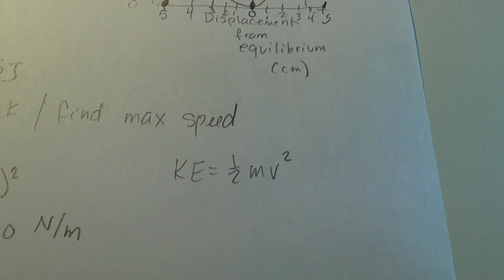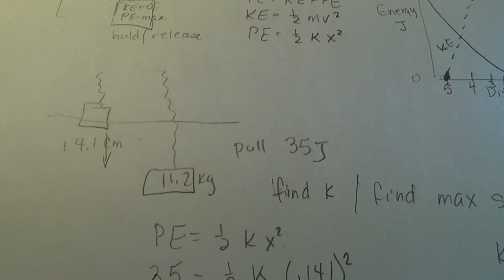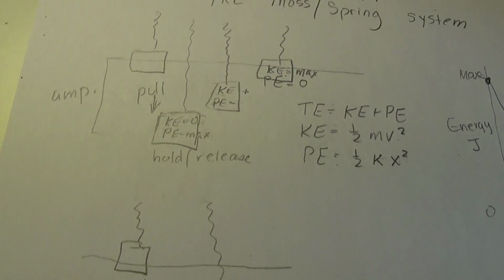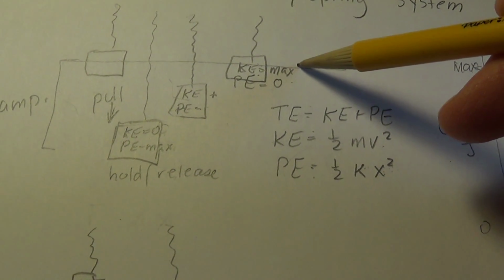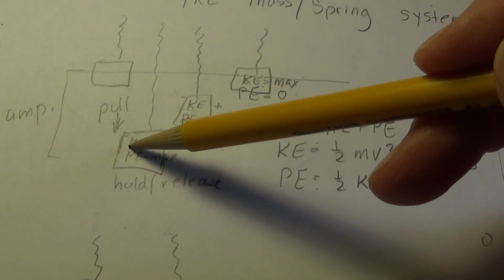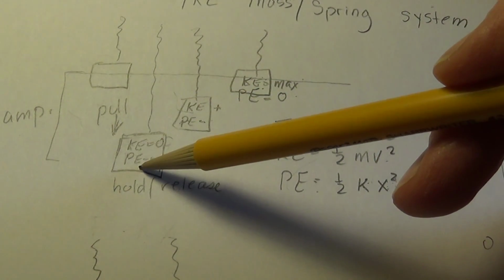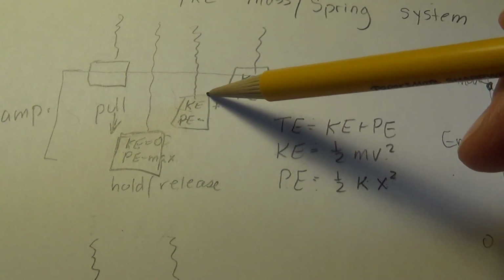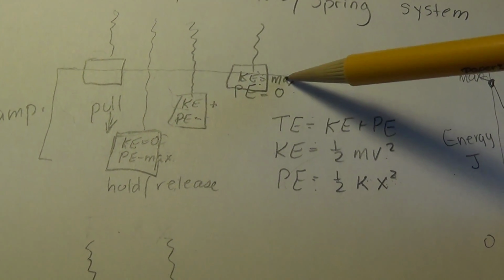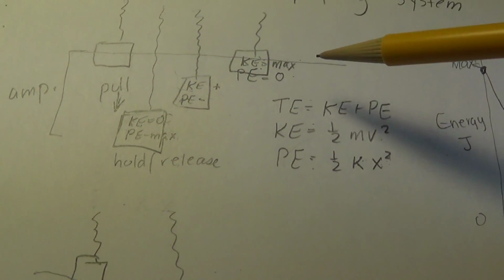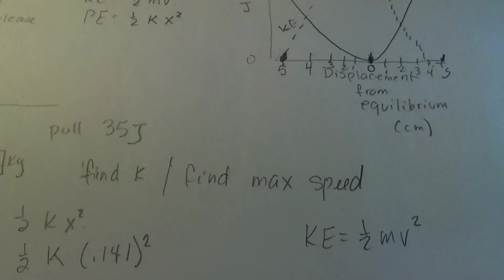It turns out that kinetic energy is going to have the maximum speed here where kinetic energy is at a max. So those 35 joules that we used to pull it down will have all been lost, all that potential energy converted to kinetic. So at the max here, where it's the max speed, it's 35 joules again.